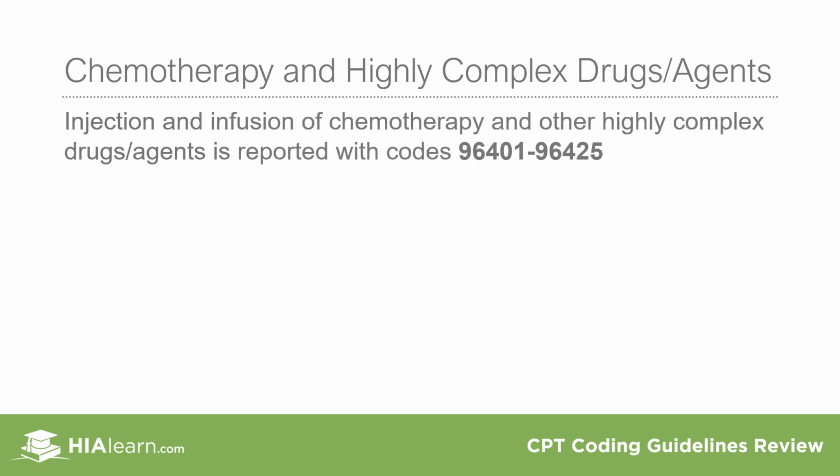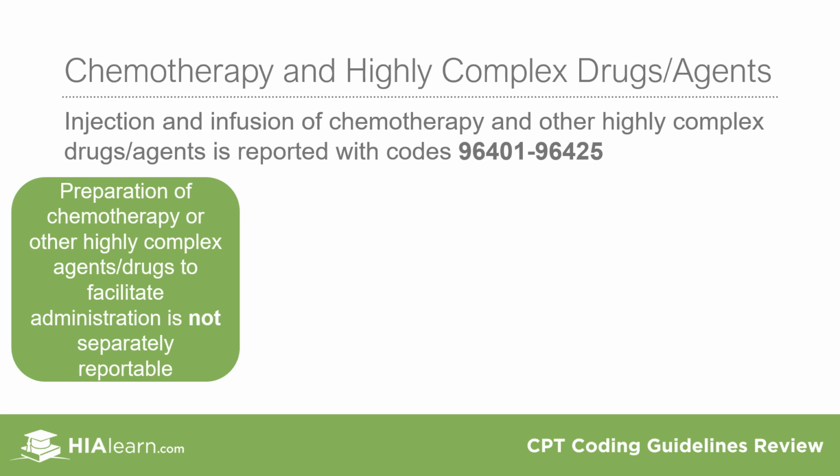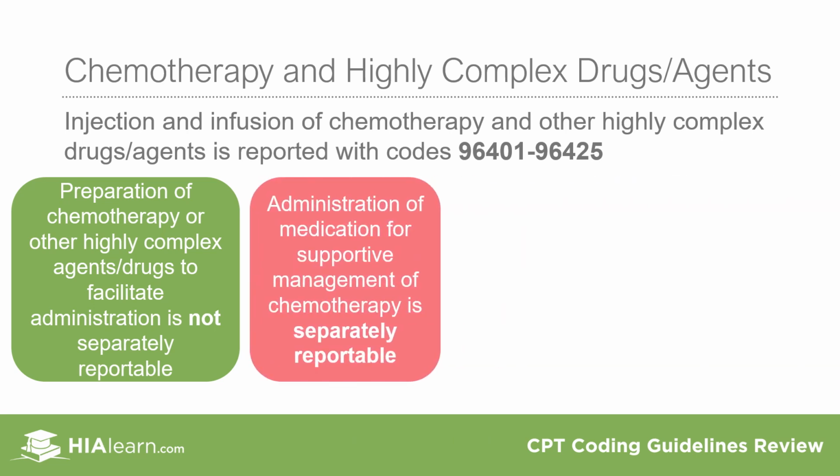Injection and infusion of chemotherapy and other highly complex drugs or agents is reported with codes 96401 to 96425. Preparation of these types of drugs to facilitate administration is not separately reportable. However, administration of medication provided as supportive management for chemotherapy may be reported.